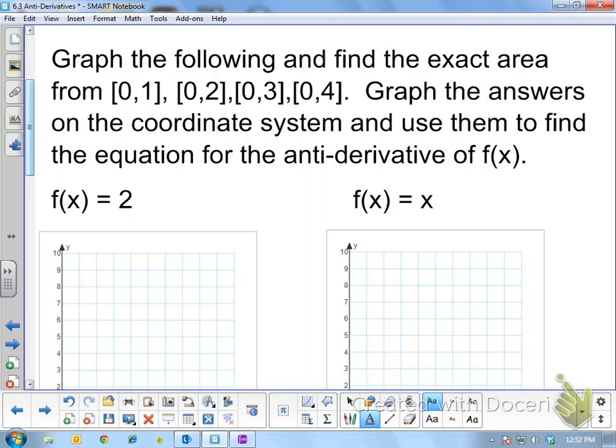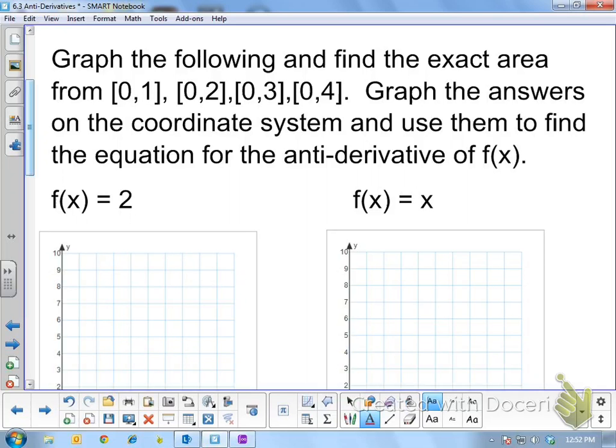So, if we look at this function, our first function is f of x equals 2. What will that function look like on the coordinate system if we graph this function itself? What does f of x equals 2 look like?